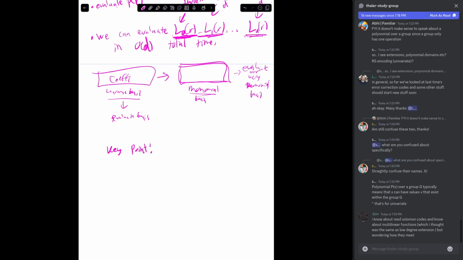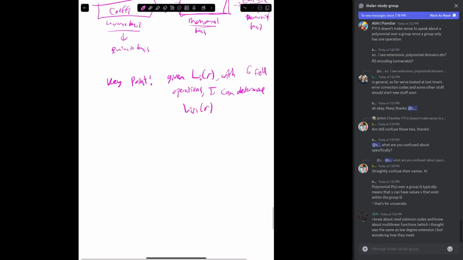The key point, before I dive into slightly gross algebra, is that given Li of R, with a handful of field operations, say 6 field ops, I don't know exactly how many, but it's some constant, I can determine Li plus 1 of R. So I can get L0 of R, which will take about D field ops.